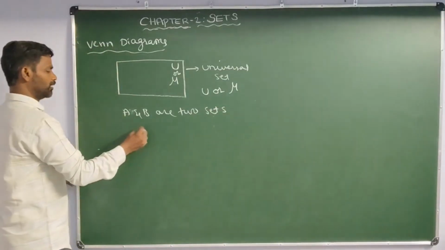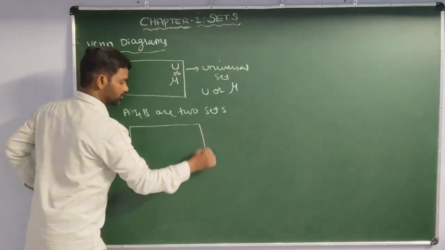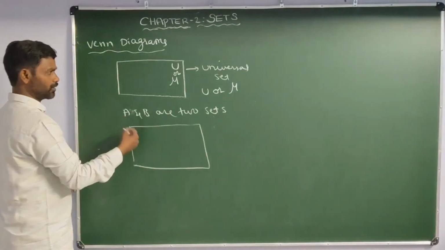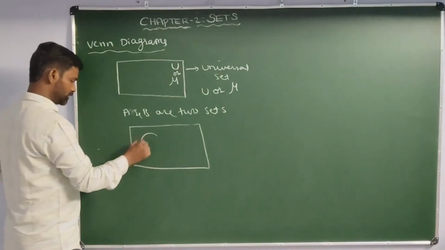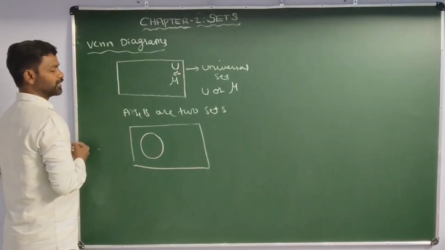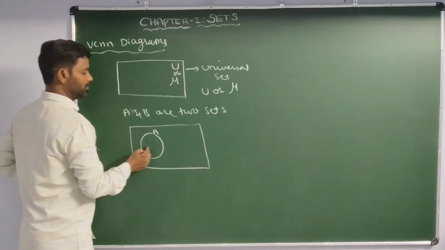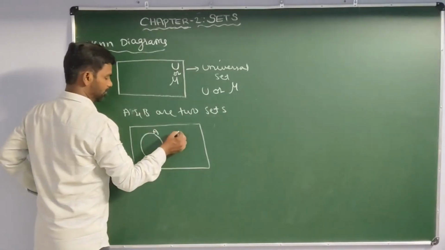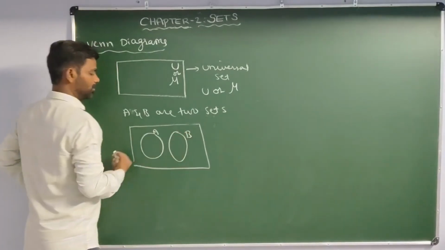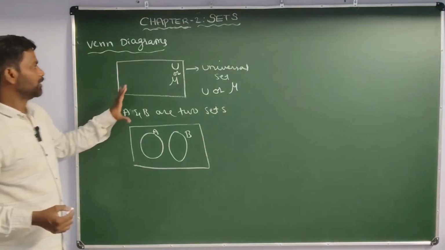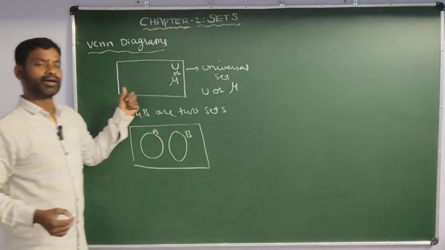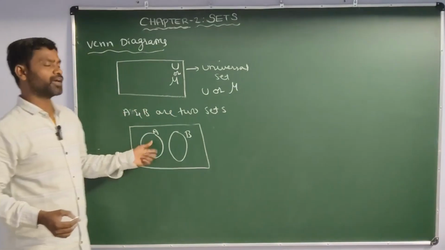It's very simple. We take one rectangle, and in that we can take one set as a circle. This is set A, and one more set we may take like this, set B. So we represent the universal set by using a rectangle and sets by using circles.